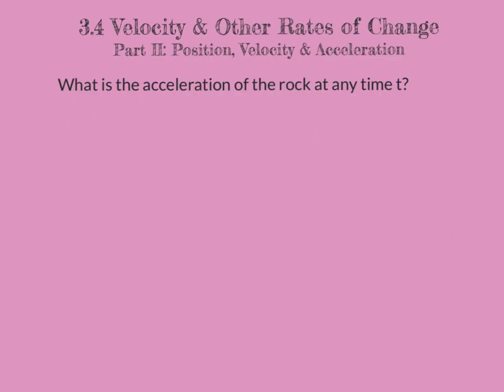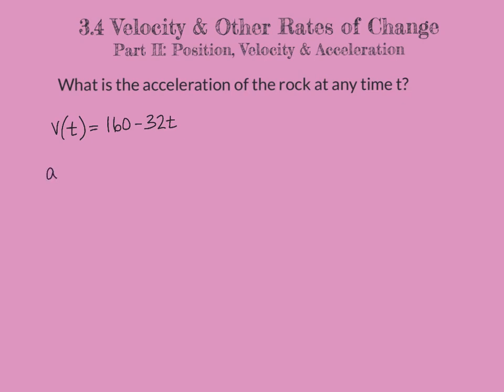The last thing that we'll talk about here is acceleration, our last key idea. Now, we found that the velocity of our rock was 160 minus 32t. In order to find the acceleration, we need to find out how the velocity is changing. In order to find acceleration, we need to find the rate of change of velocity, or the derivative of velocity.